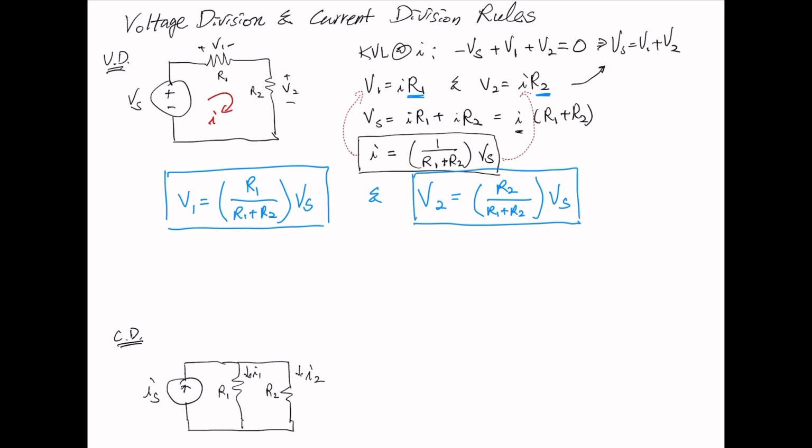When we have a series circuit with a source voltage, without calculating the current, we should be able to calculate V1 and V2. We'll have some examples later on.